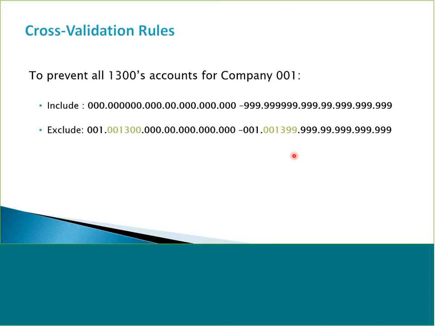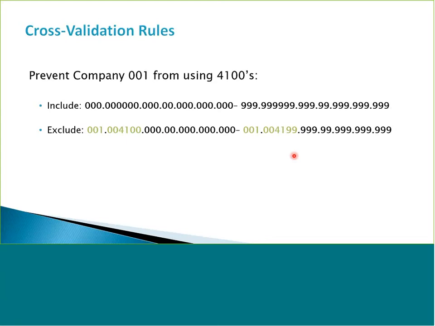All right. So let's move on to the next example. The second cross-validation rule that we are going to enter is to prevent company one from using the natural account ranges in the 4100s. So the format is pretty similar to the first example. So what did we say?